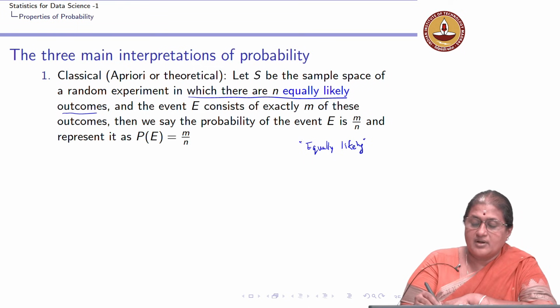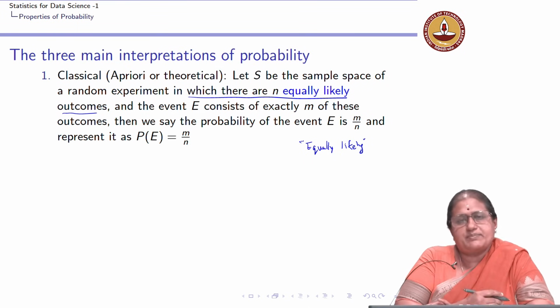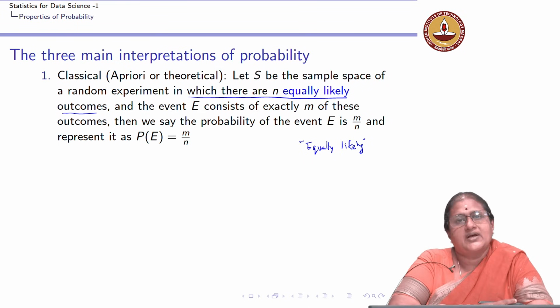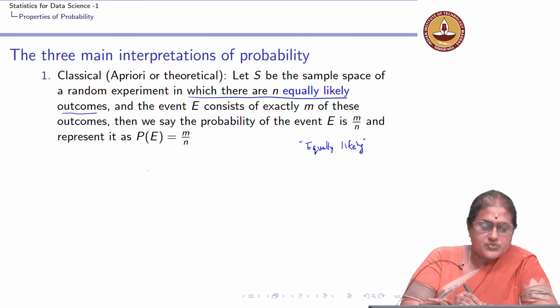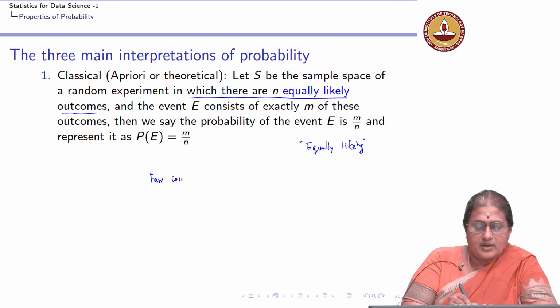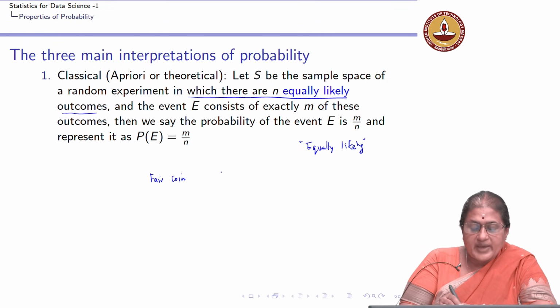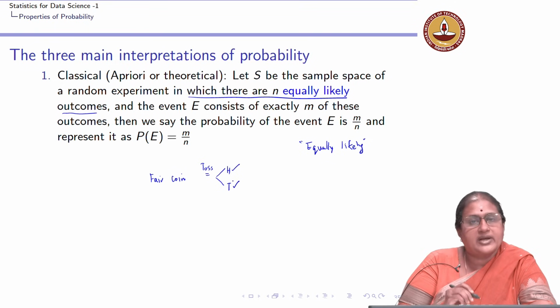Now, a natural example of equally likely outcomes is when we refer to a fair coin and we toss a coin. We expect head and tail, which are the outcomes of the toss of a coin, to be equally likely. That is, I expect head to occur as likely as a tail and vice versa.